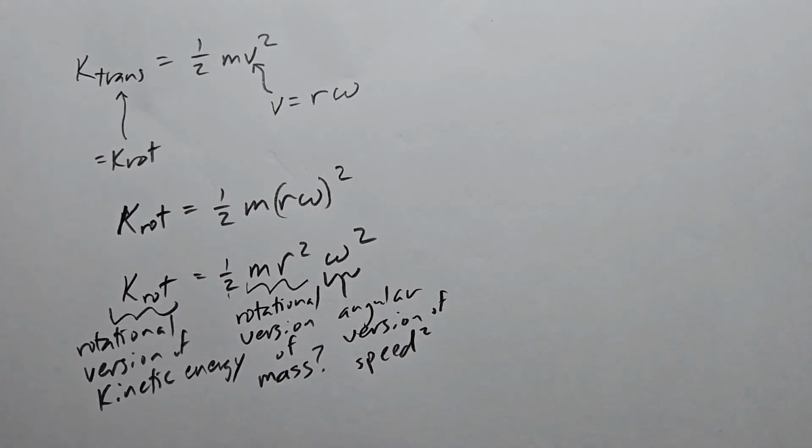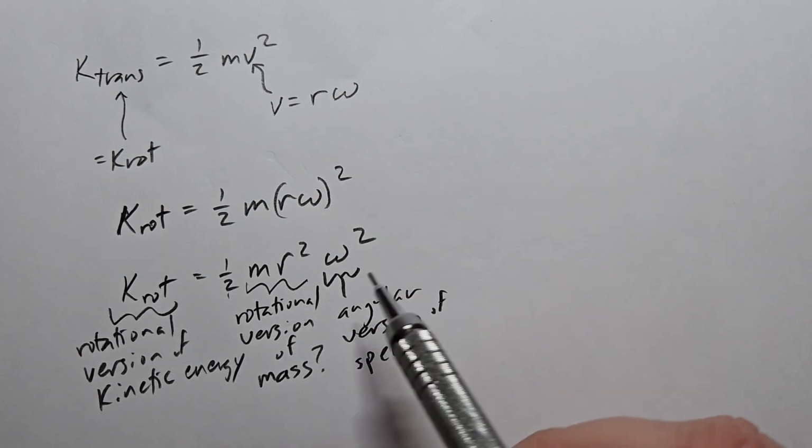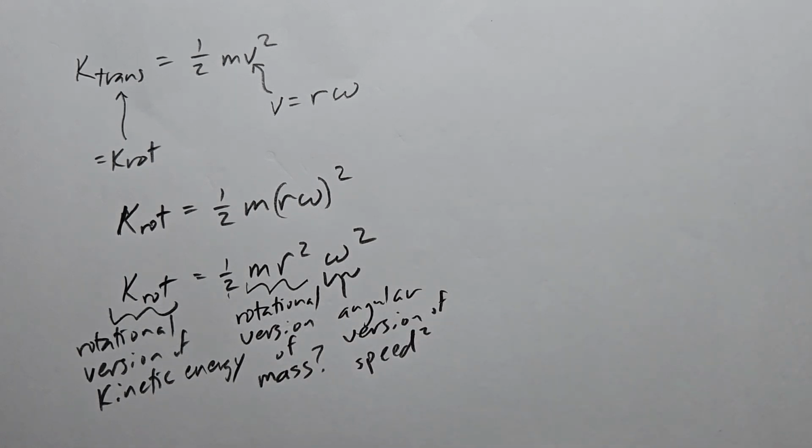And so we just need to figure out, well, what does that mean when we talk about the rotational version of mass? What is mass doing in a linear sense that needs a rotational version?